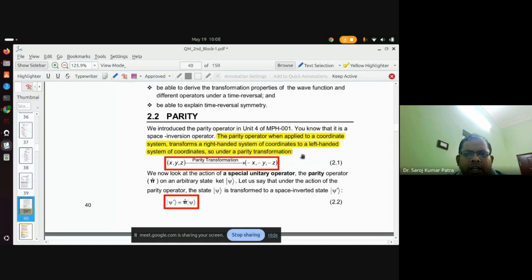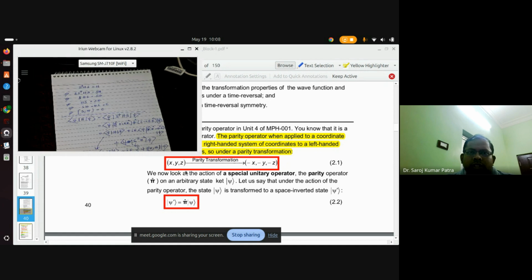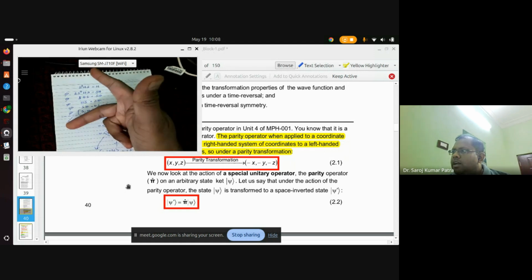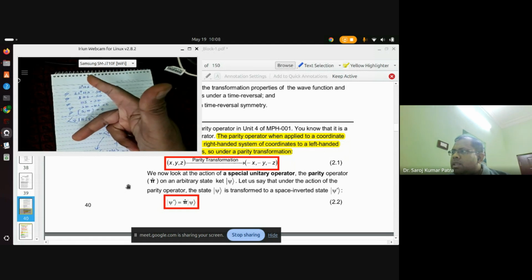So, under a parity transformation, what happens? Let me try to show. I don't know if it will work or not. So this is my right hand. Are you able to see it? Yes, sir.